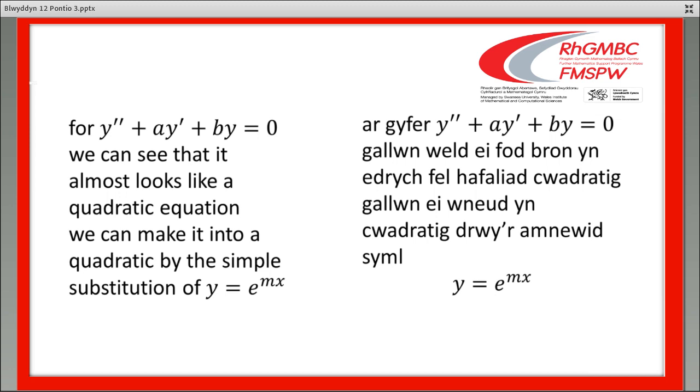We make that substitution and we will substitute it into our original equation, and then we look at it and hopefully we will get the quadratic equation, and then it will make a lot of sense as to exactly what we're doing.